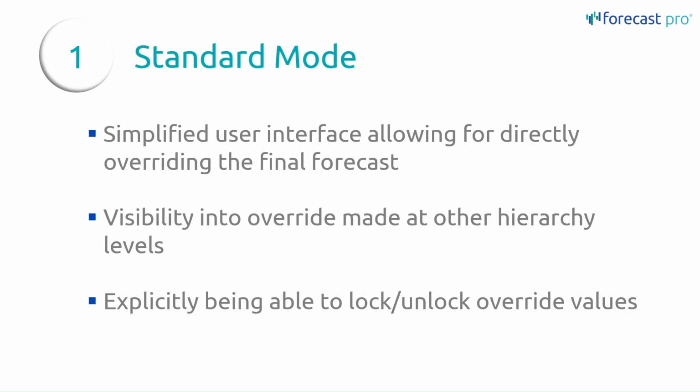It's very easy now to click on groups or end items and see all of the overrides that have been made at other levels that affect the final forecast here. Also important is that the overrides themselves are not explicitly locked. You have control over whether an override is locked or unlocked, giving you the ability to make changes at multiple override levels and whether or not they actually affect other overrides as well.